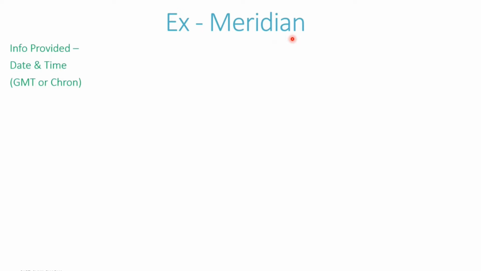Let's see the information which is provided to us in the question. They will provide us the date and time. The time could be GMT or chronometer. In case of chronometer, there could be a 12-hour ambiguity, which will be resolved using the AM/PM indication given in the question. The second set of information is they will tell us that the body is close to the meridian or the body is near the meridian.